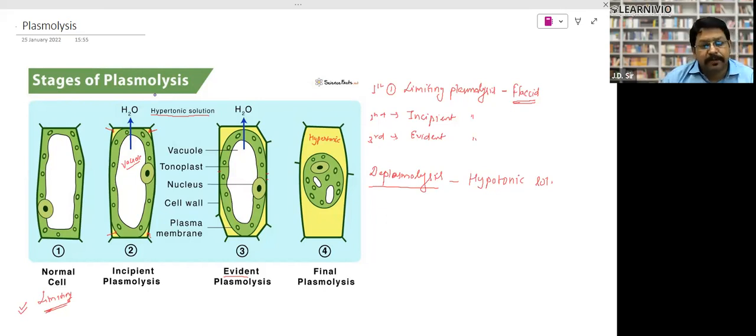Why did they do that? Any idea? This practice is still going on. Some pickles and vegetables are kept in salt, and the salt is pasted outside them to preserve them for a longer time. Any idea? Tell me, both of you.